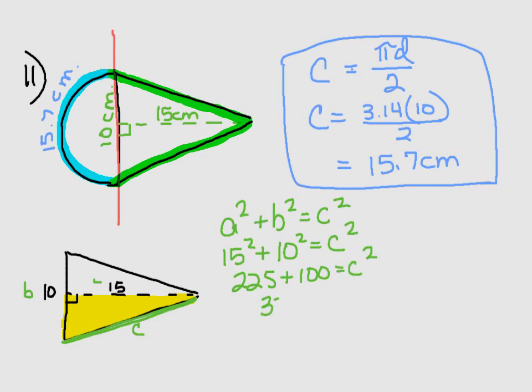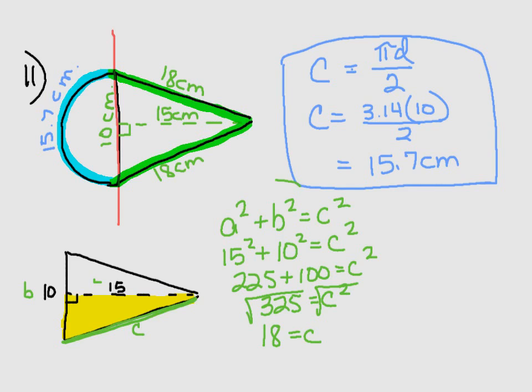Taking the square root of 325, we have about 18 equals c. So this is 18 centimeters and this is 18 centimeters.